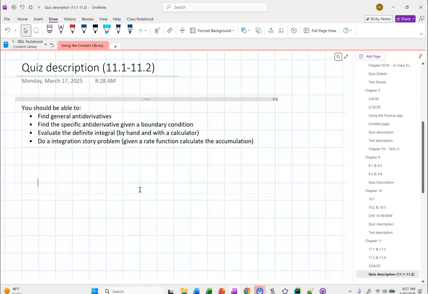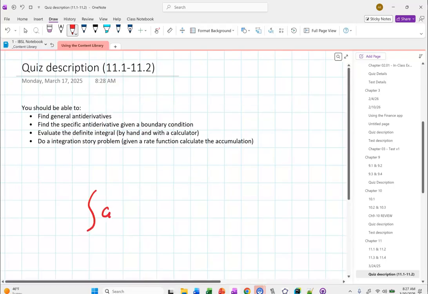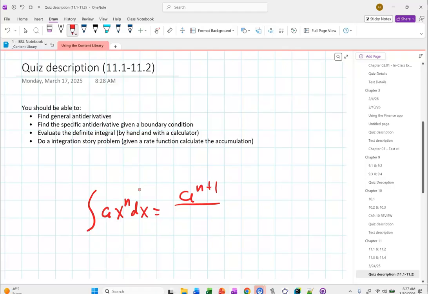So you should be able to find general antiderivatives. What's the rule that you do to do that? It's this, right?